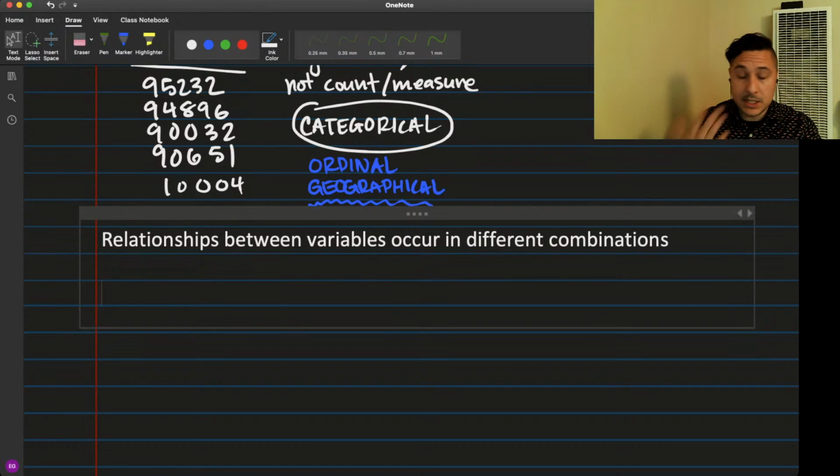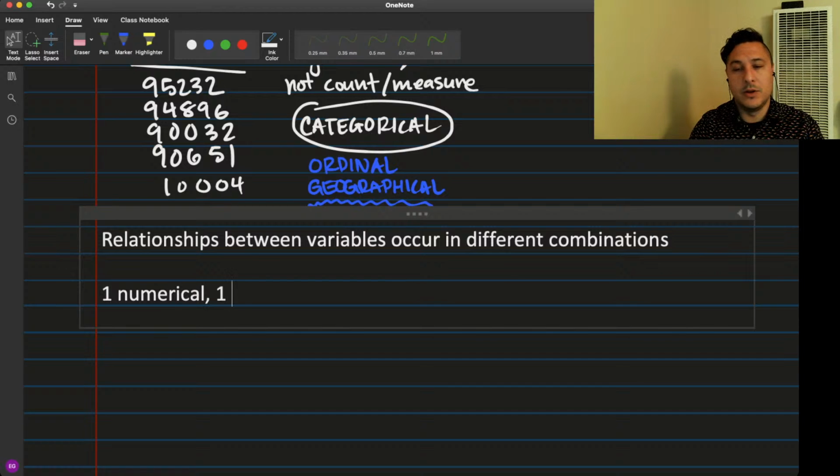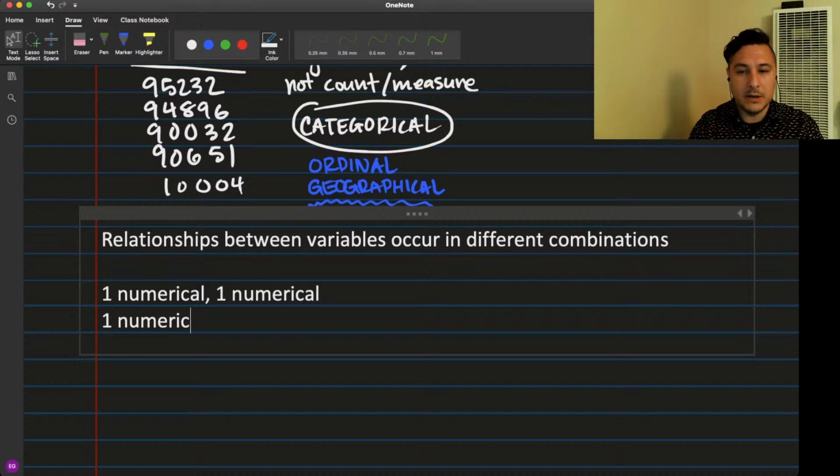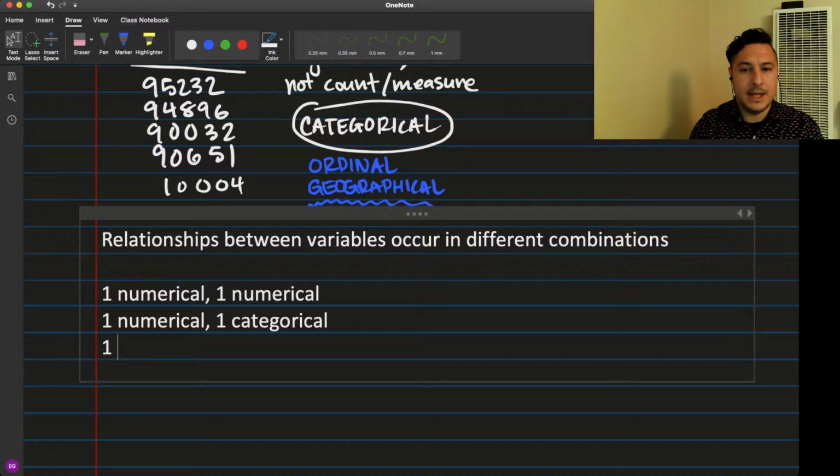The types of relationships that can exist depend upon whether you have one numerical variable and another numerical variable, or one numerical variable and one categorical variable, or two categorical variables.